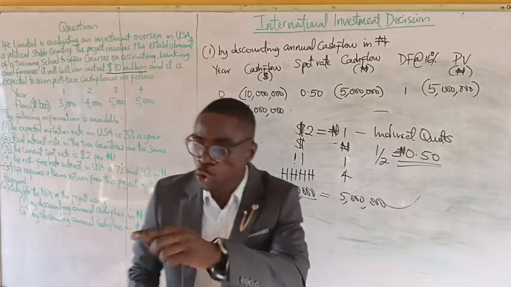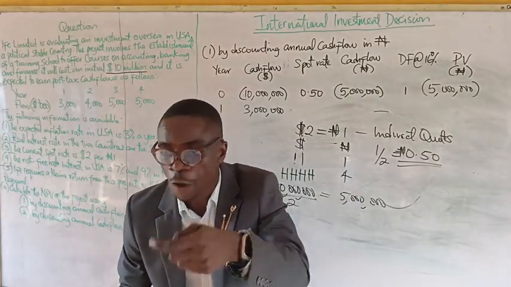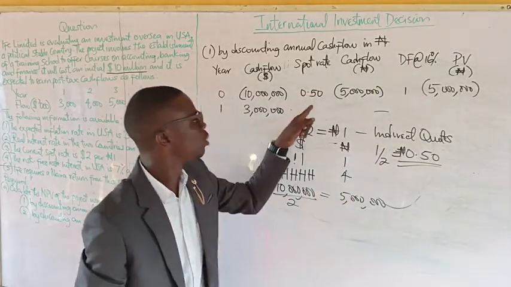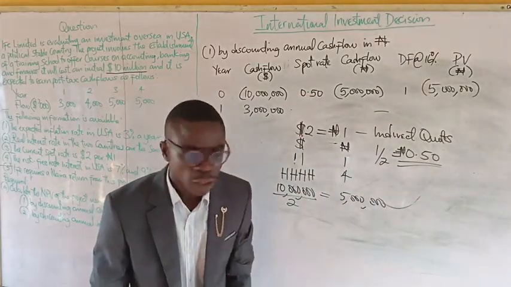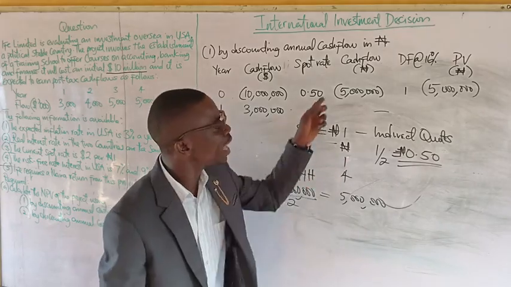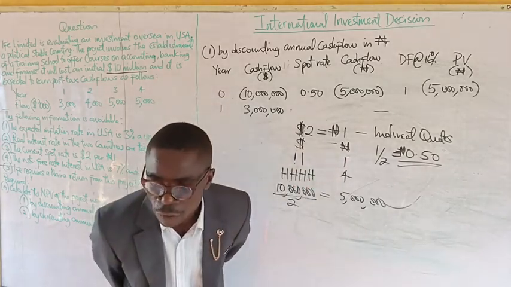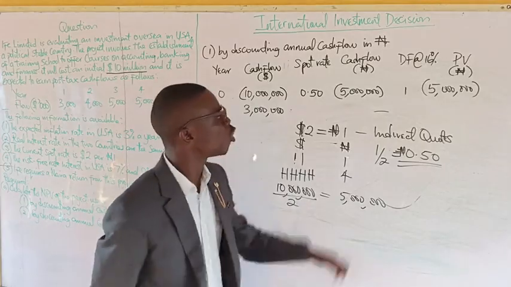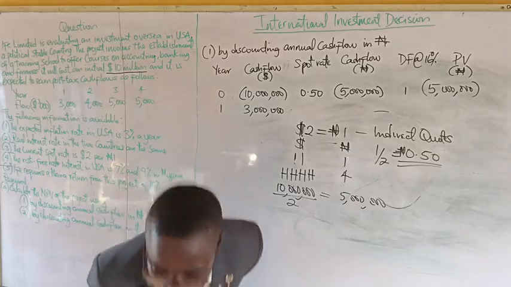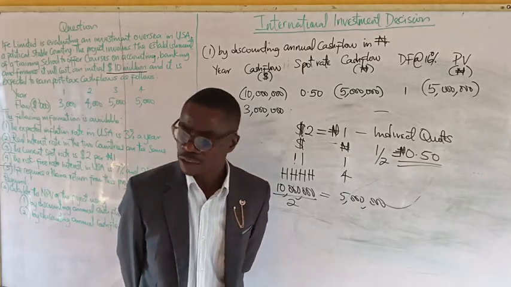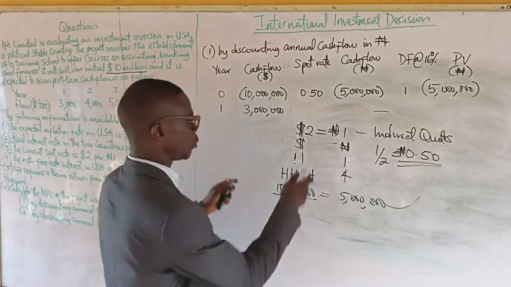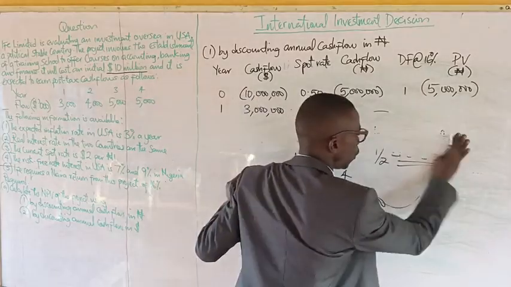So for you to predict the future spot rate now, you can't use the indirect formula. The formula you use will be for direct because your spot rate is direct. Are you getting what I'm saying? Do you get me now? Okay.